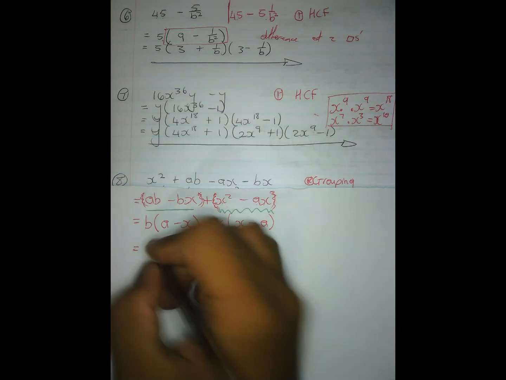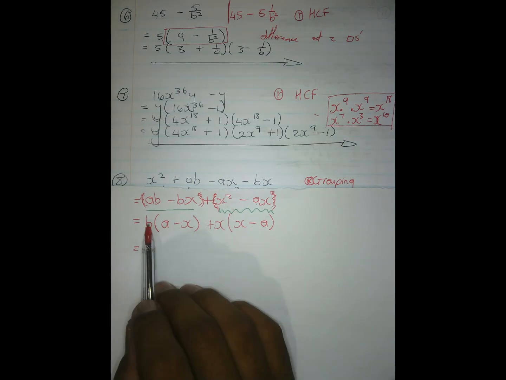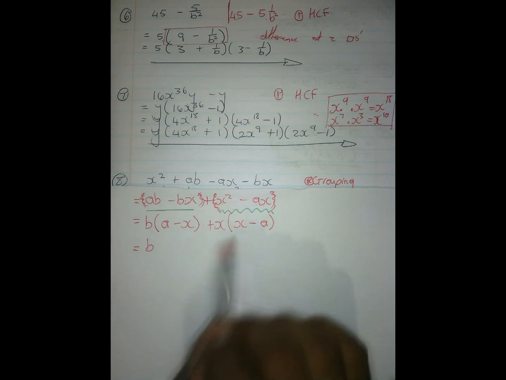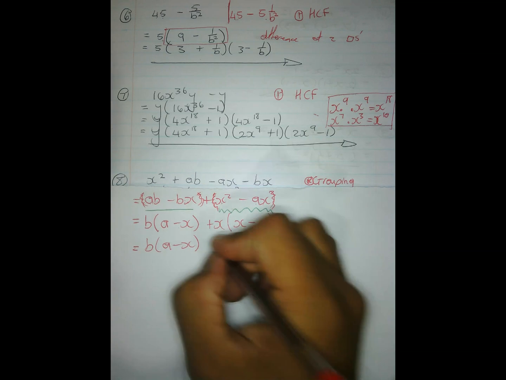So what I do now is I can pick either one for which sign I want to change. I can either change the sign here or here in the bracket. I'm going to change the one here. So A minus X, I take a negative out.